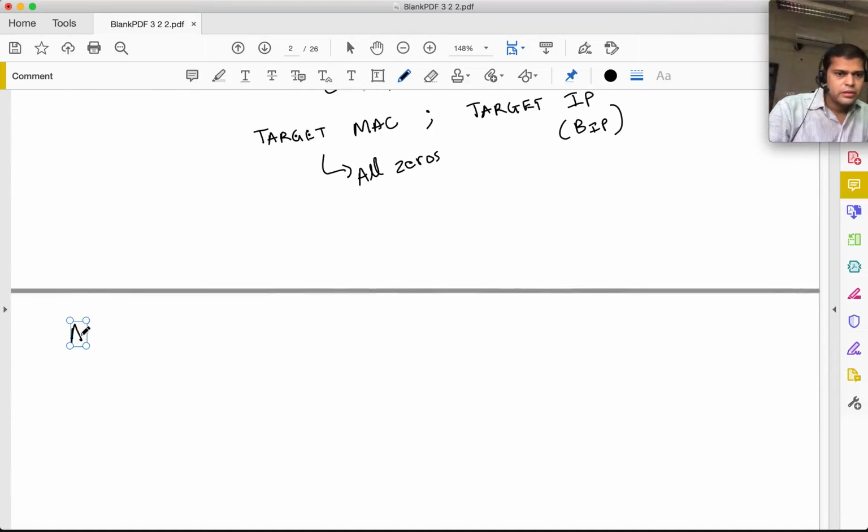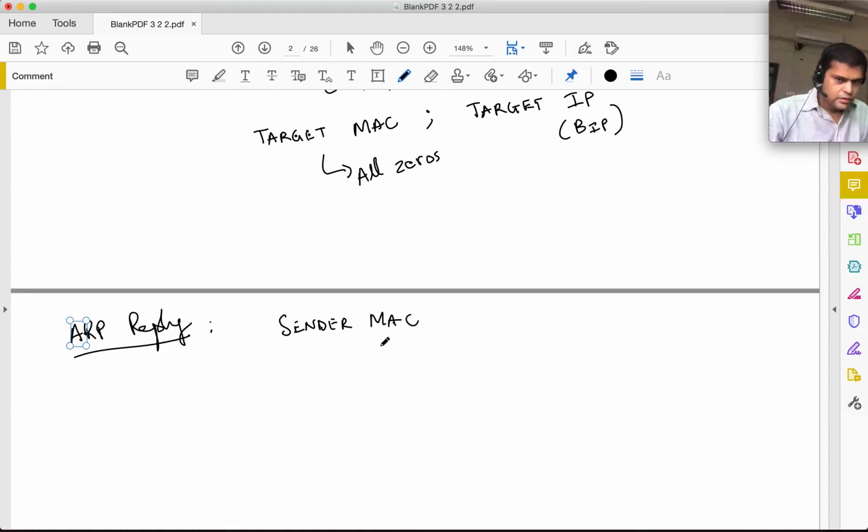So there is an ARP reply. So it has the sender MAC field, in which case this is going to be B's MAC. So this is the reply.